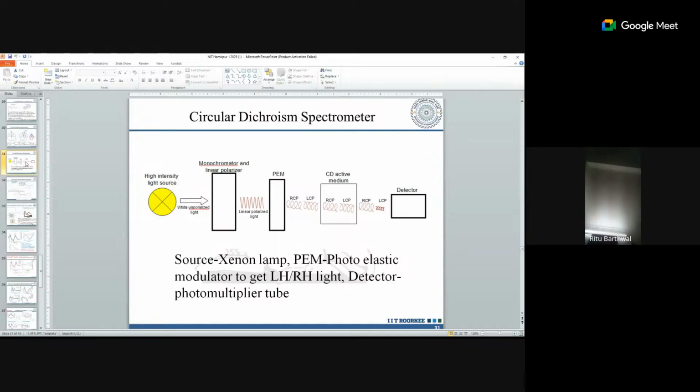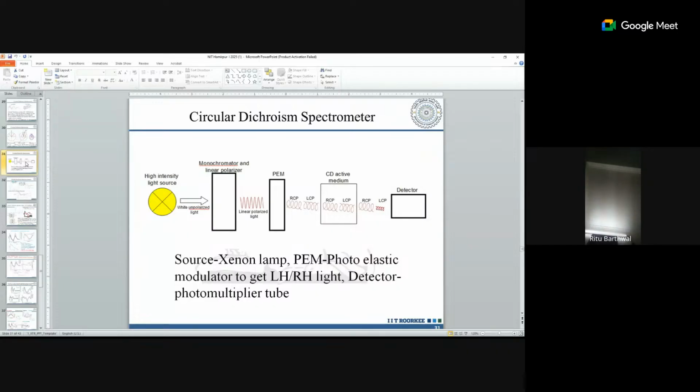So this is your sample cell. Exactly the same cuvette is used, and we use a small amount of sample. This is the same cuvette as you use in OD. Then there is a detector. When the light comes out, RCP is big, LCP, both are equal at first. When it comes out, LCP is smaller, RCP is bigger, which means left-handed got more absorbed.